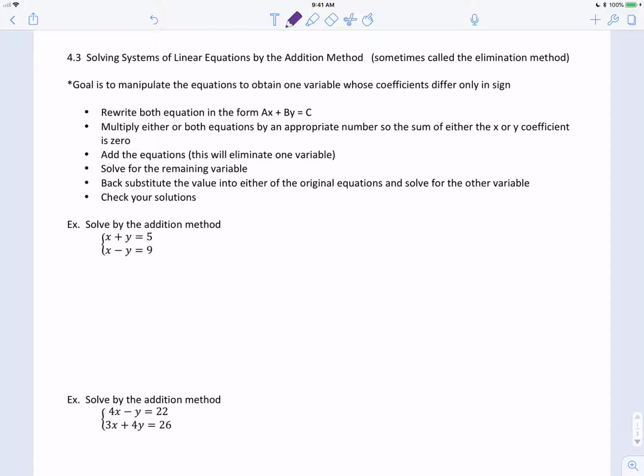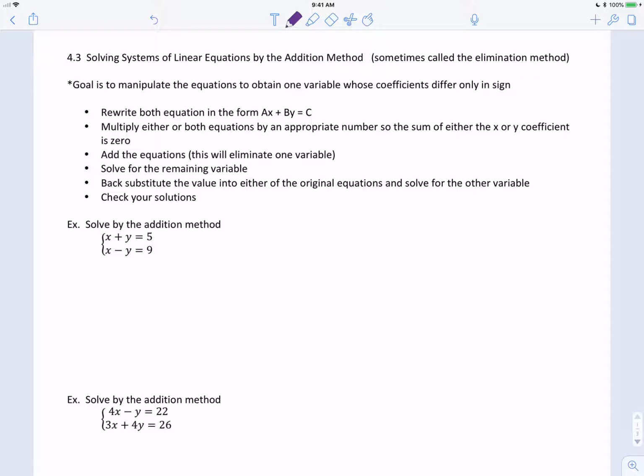We can just keep in mind that anything we do to an equation, as long as we do the exact same thing to every single term in that equation, we're not changing that equation at all. So if I want to take an equation and multiply it by 7, or multiply it by 2, or add 5 to every term, or whatever we wanted to do, we can do that as long as we do the exact same thing to every single term in that equation.